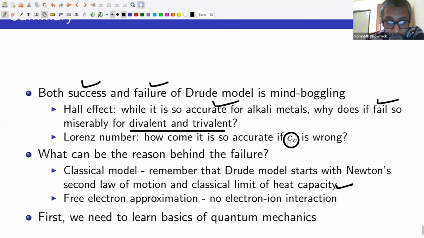The next one is the free electron approximation. We assume that there is no electron-ion interaction. So this can be another source of error. So before we discuss further, we need to learn the basics of quantum mechanics.